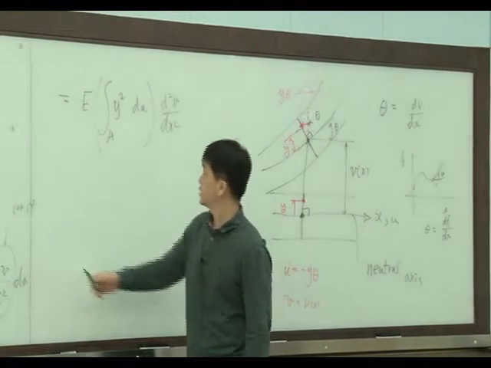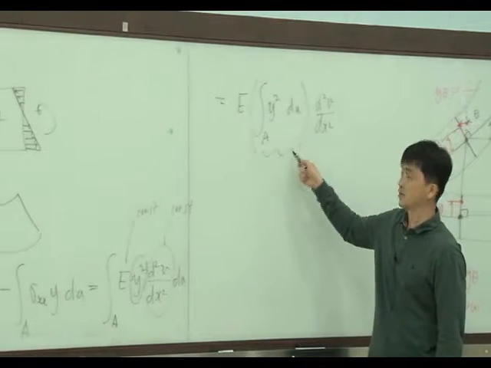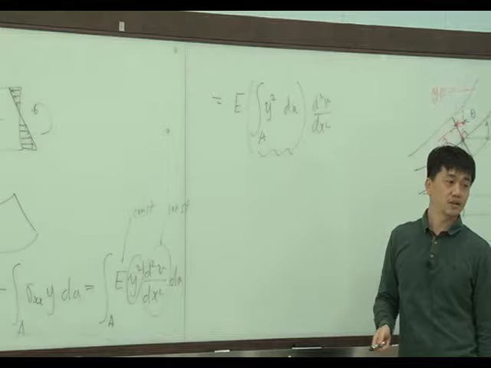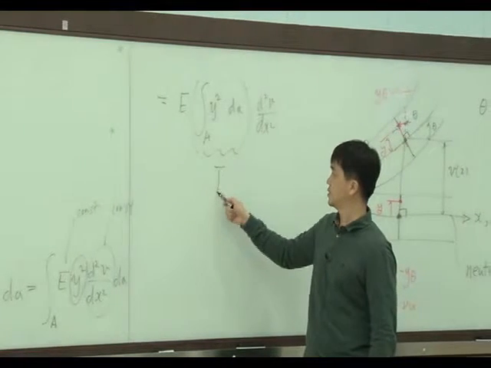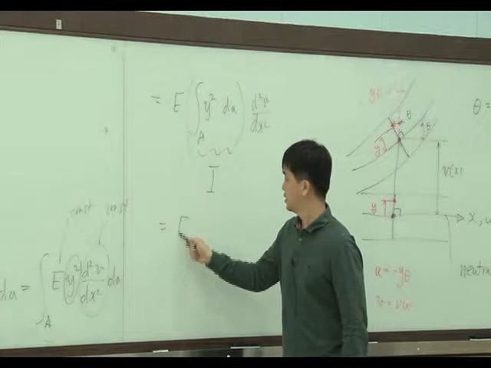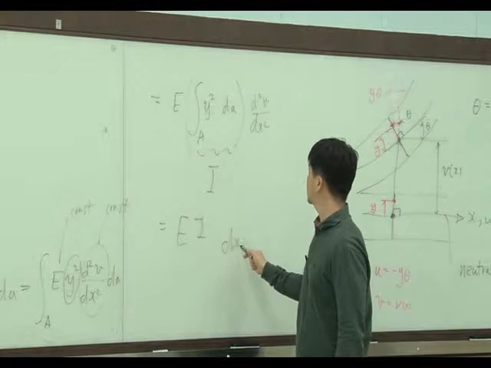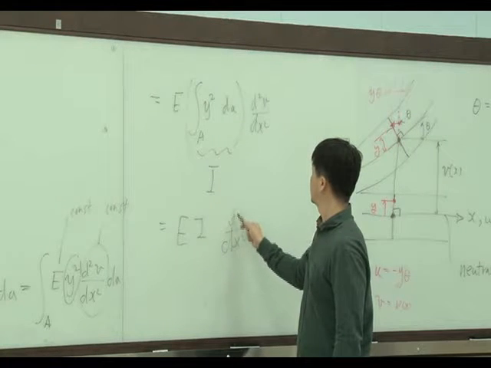So this equation can be changed like that. Watch this. This is the second moment of inertia, I. Then E I d2v/dx2.